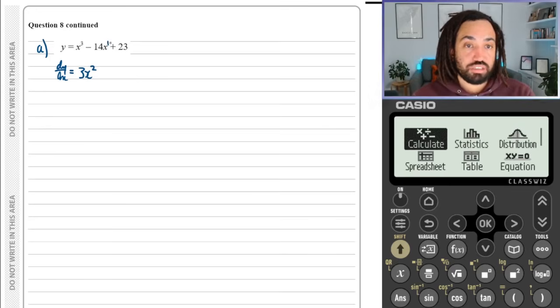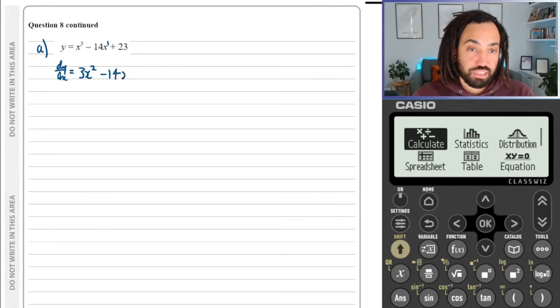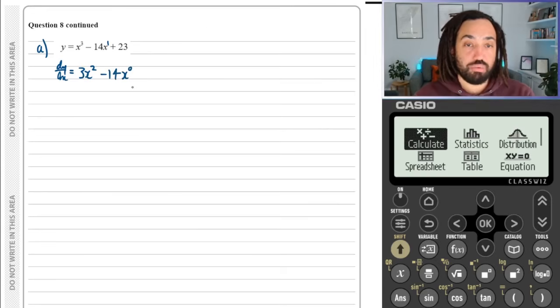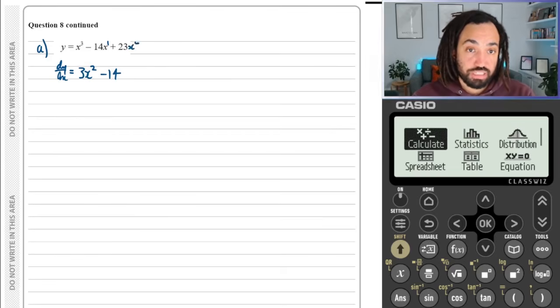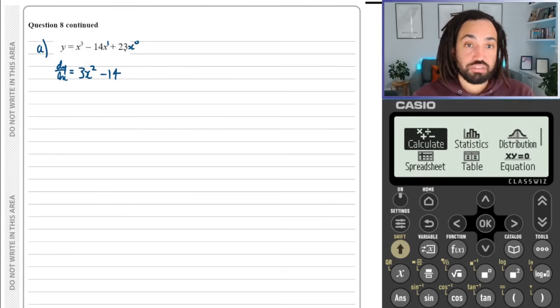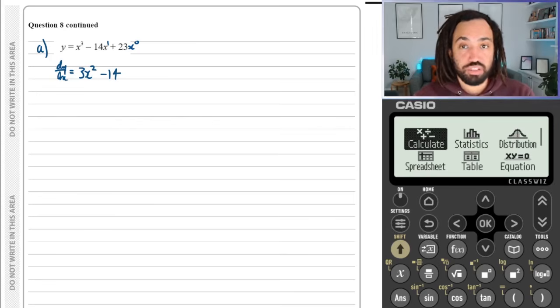This is 14x to the 1, so the 1 comes down, times by the minus 14 to make minus 14. Drop the x power down by 1. And x to the 0 is just 1, so times it by 1, we don't need to bother writing it. And then 23 is constant, so you could write it as 23x to the 0. 0 comes down, times by the 23, makes 0, so any constant differentiates to 0.